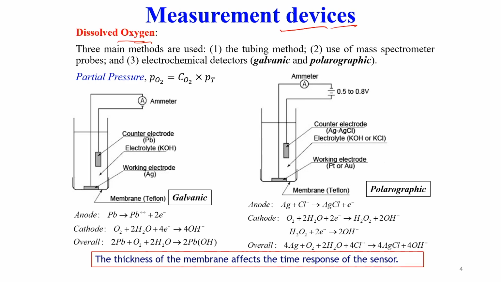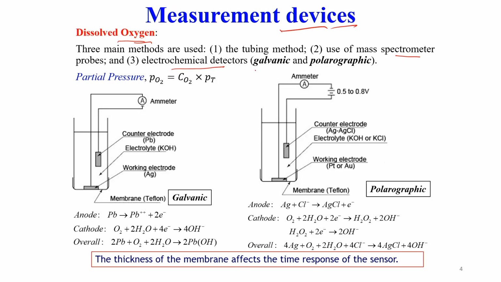So, there are 3 main methods: the tubing methods, use of mass spectrometer probe, and the third one is the electrochemical detector. Electrochemical detectors are the most common for in situ monitoring of dissolved oxygen, and they operate in 2 modes, that is galvanic and polarographic.